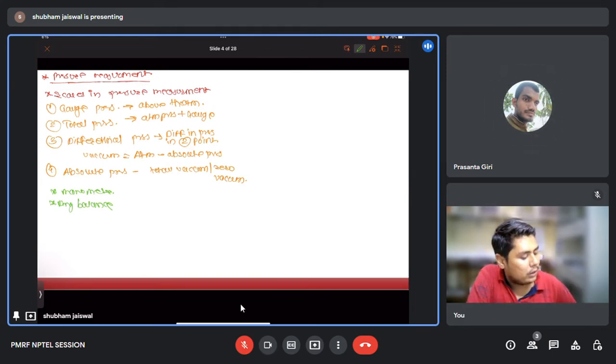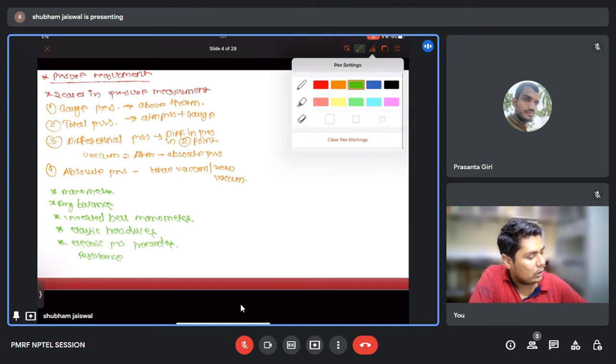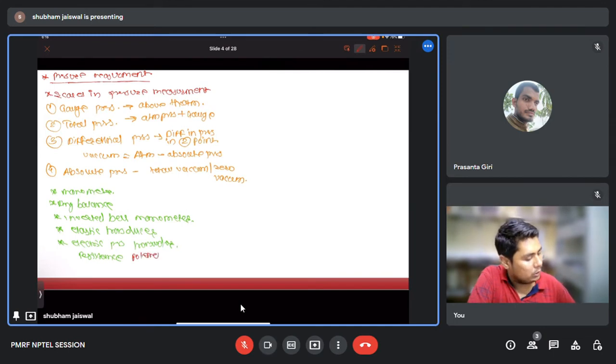So after the ring balance, we have seen the inverted bell manometer, and after that we have seen the elastic transducer, and we have seen the electric pressure transducer, which too has different types: resistance, then the second one is the potentiometric, then inductive type, capacitive type, and piezoelectric type.